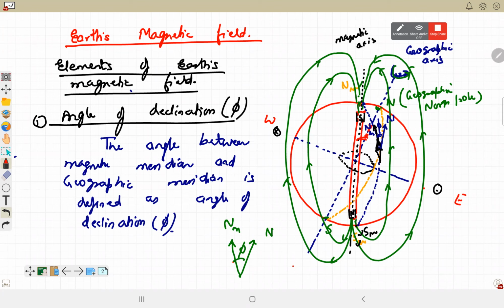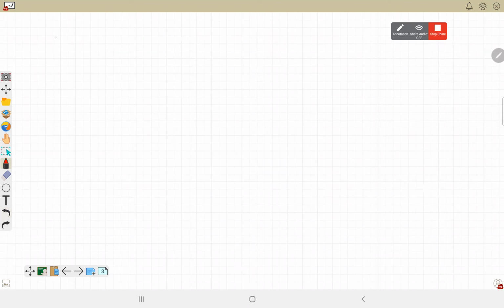Right? Okay. So next one is angle of inclination or angle of dip.